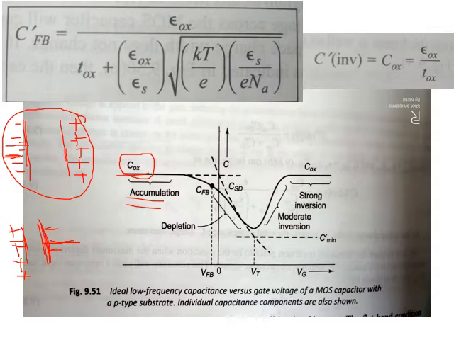Because electrons are minority carriers. Hence there is an imbalance, correct? Say if here 1000 positive charges are there, then we may find here 50 or 100, that's it.